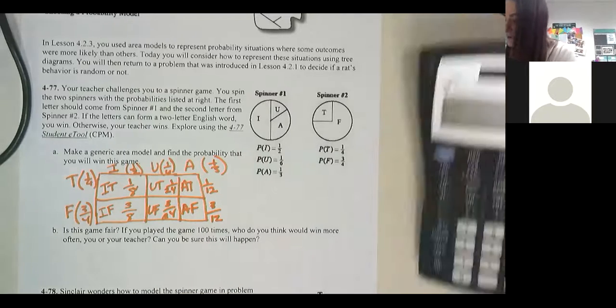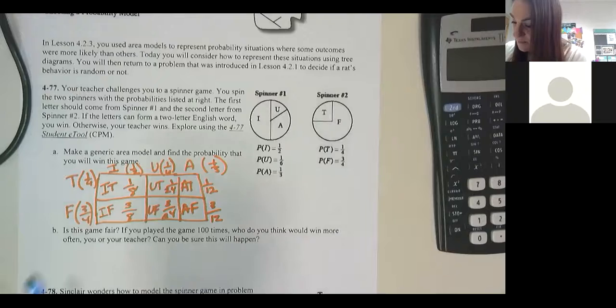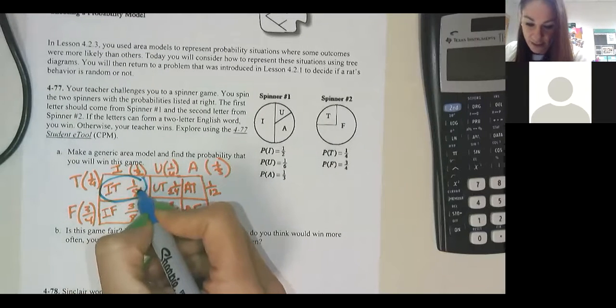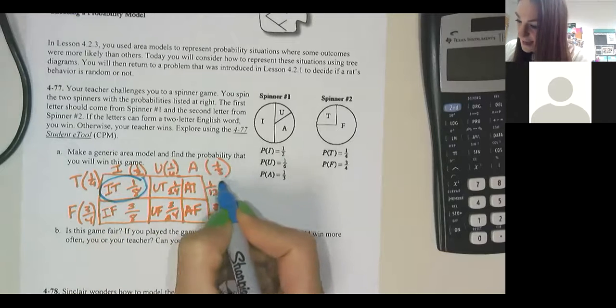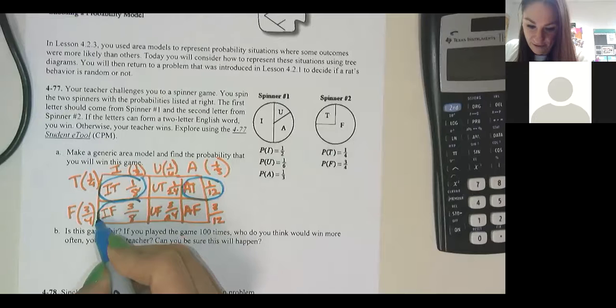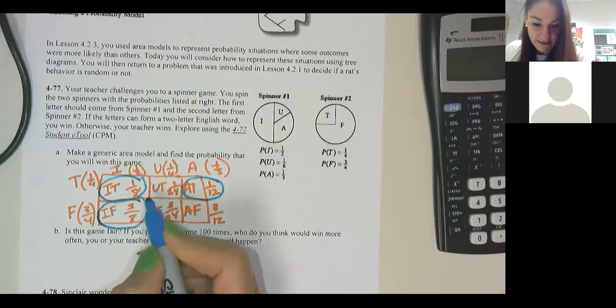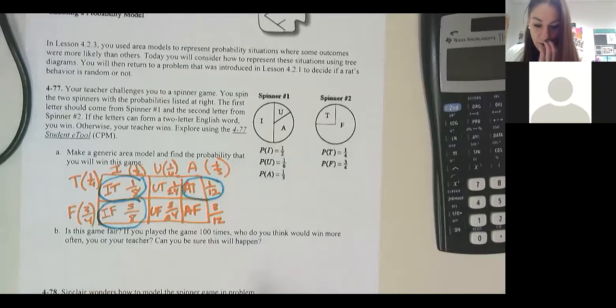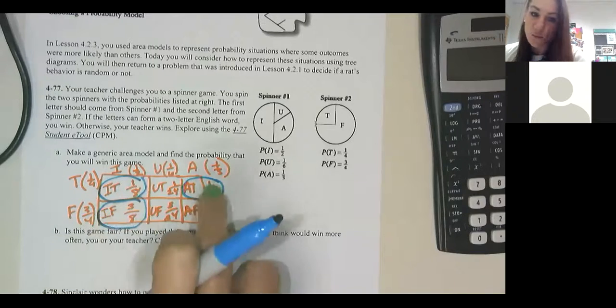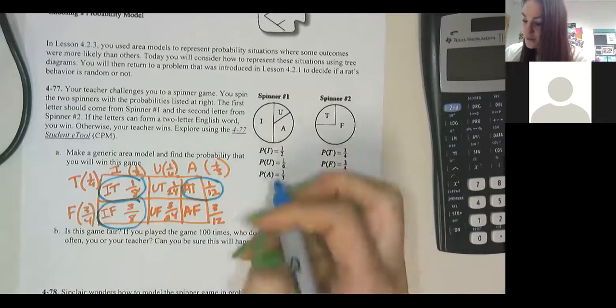Very good. All right, so let's see what words, which boxes spell words. So we have it, which is 1/8, at, which is 1/12, if, which is 3/8. So 3 of those. Now, this or this or this would work for you to win.